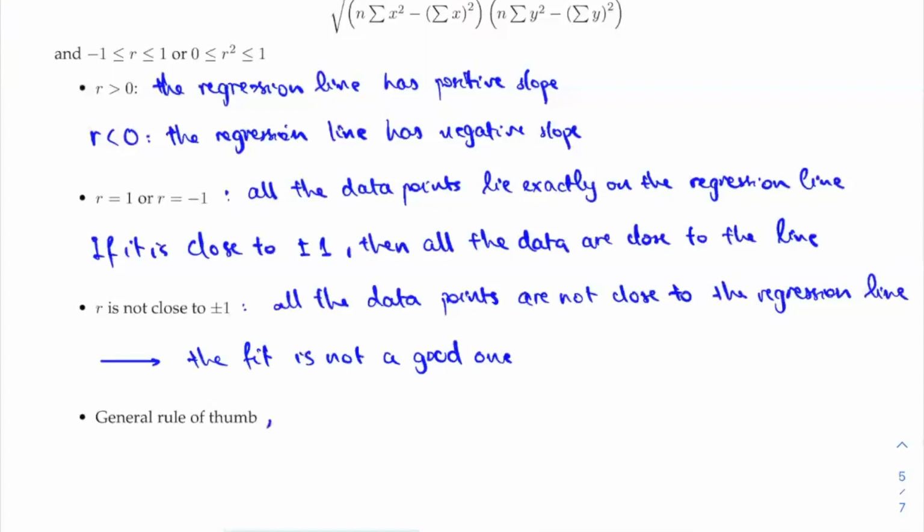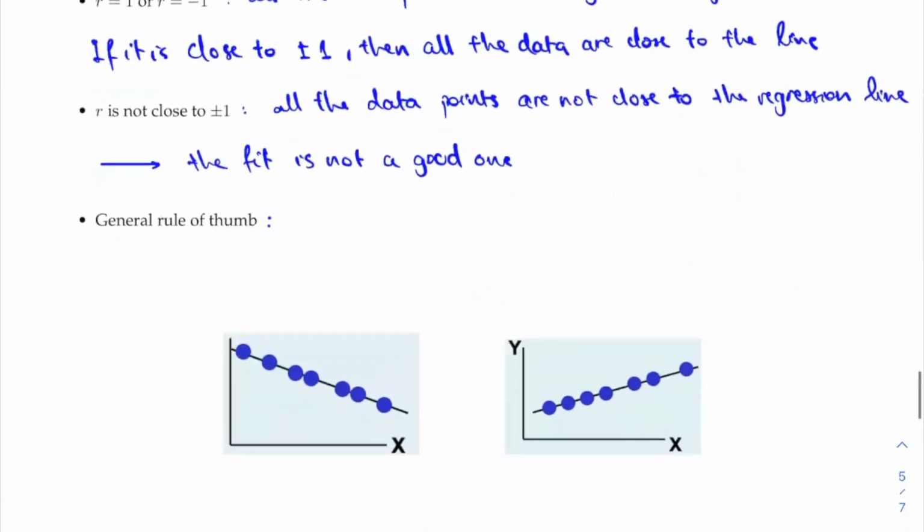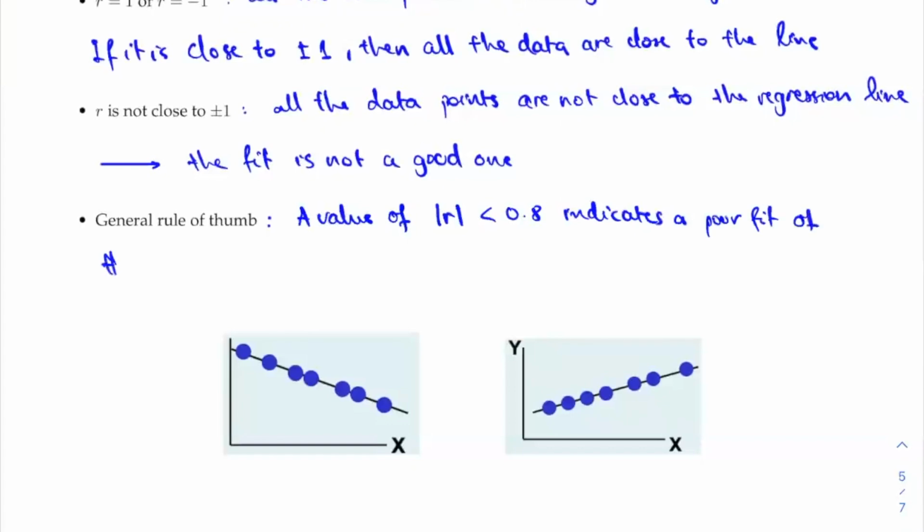So the general rule of thumb is that an absolute value of R less than 0.8 indicates a poor fit of the data to the regression line.